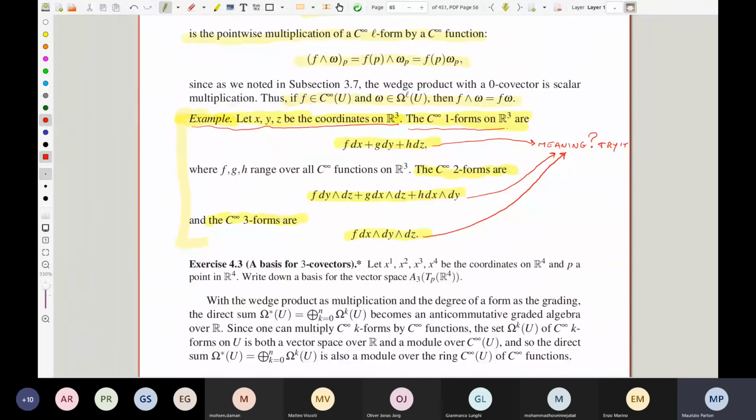Then the one forms are linear combinations of these, when evaluated at a point. This means that these coefficients are functions, of course C infinity functions. And that means that two forms are of this way, and three forms are this way. Okay, just this.